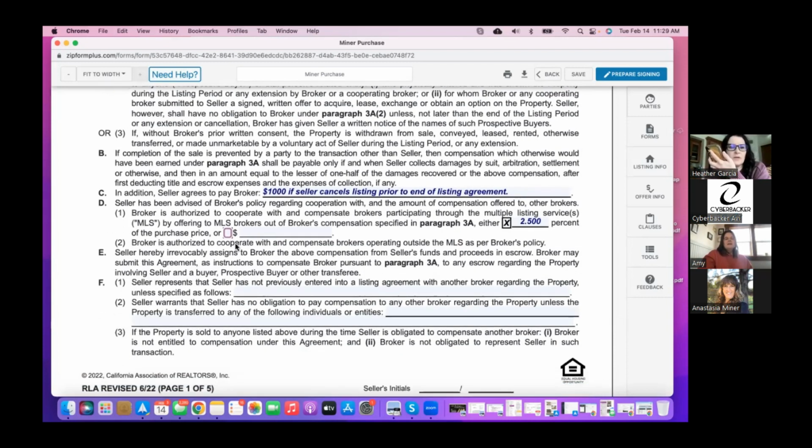Okay, broker is authorized to cooperate and compensate brokers operating outside the MLS as per broker's policy. So keep in mind too that this only obligates us if it's a cooperating broker that's a member of our MLS service.